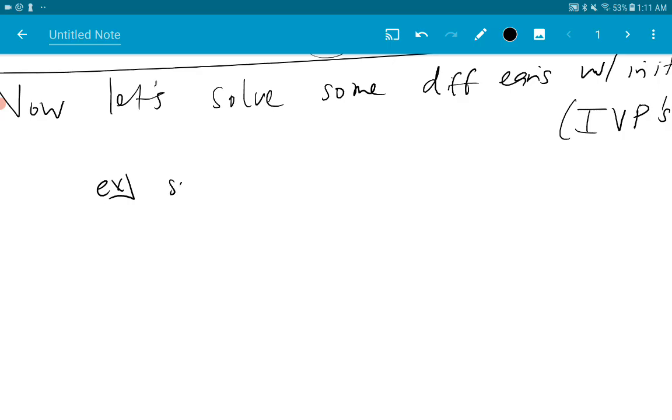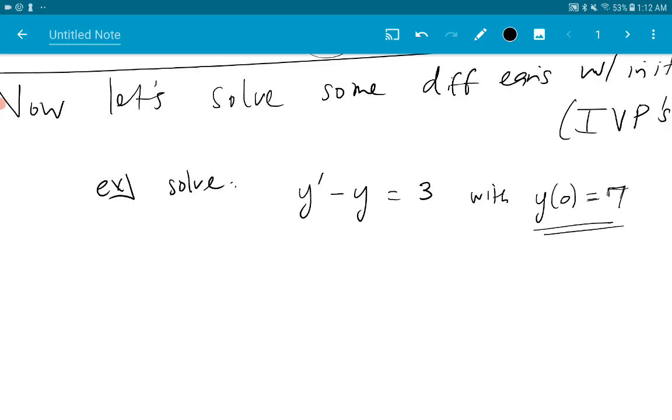Let's solve this first one. y prime minus y equals 3, with, let's give an initial condition, y of 0 equals 7. If we didn't have that initial condition, we wouldn't be able to do it.